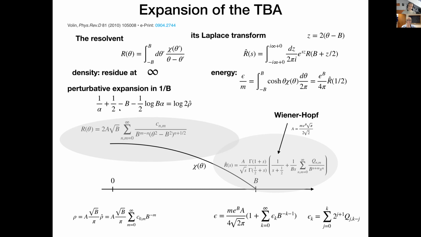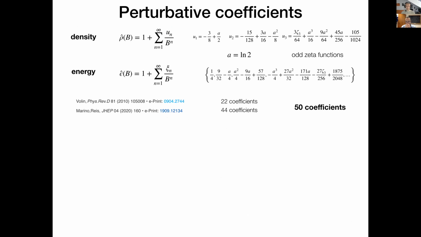And using how this coupling constant runs, this alpha is written in terms of B and rho hat, which is basically rho starting with 1 in the expansion. So using this relation, you can also calculate epsilon divided by rho squared as a function of alpha. So this is how we can get these perturbative coefficients from this nice matching procedure.